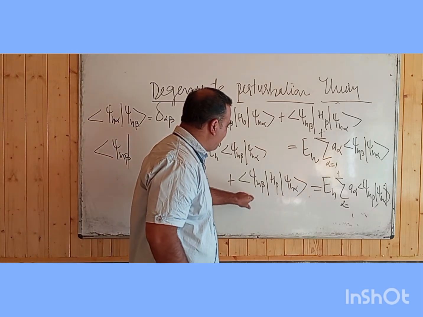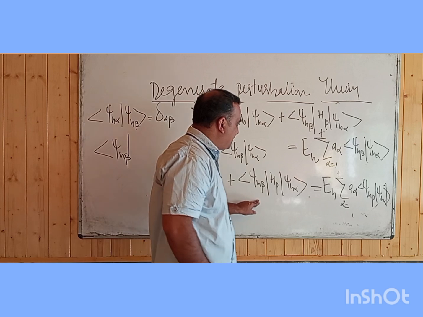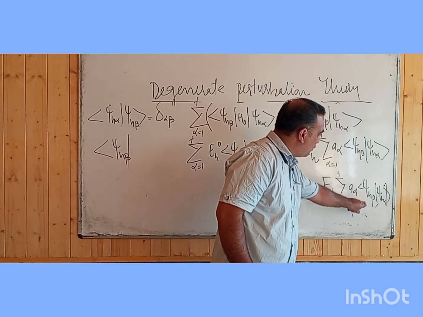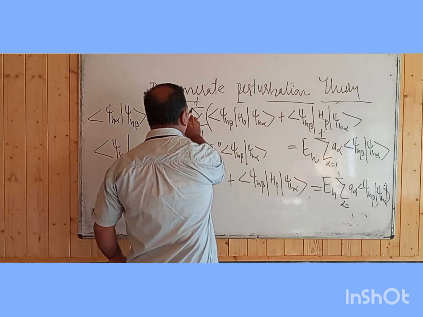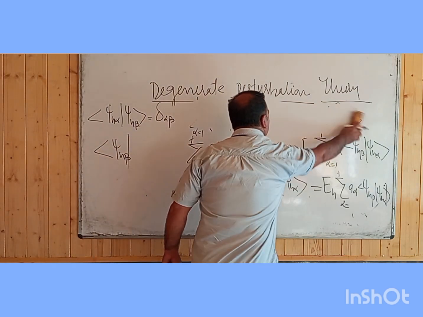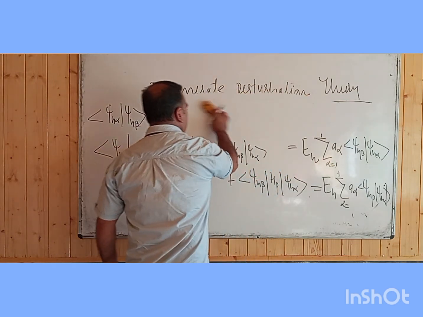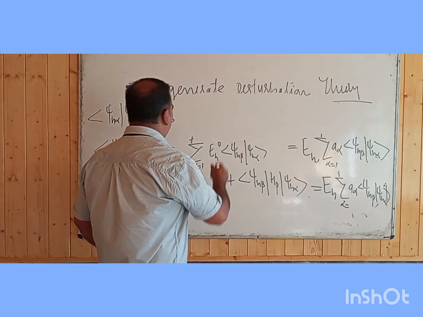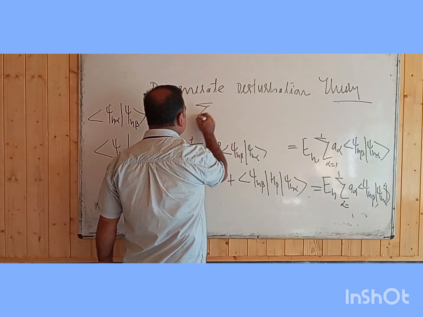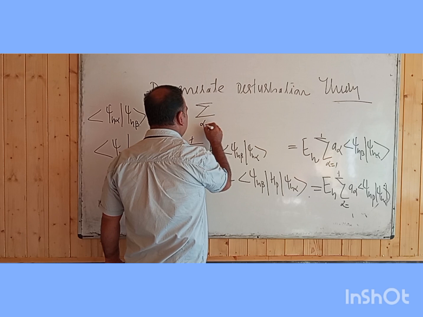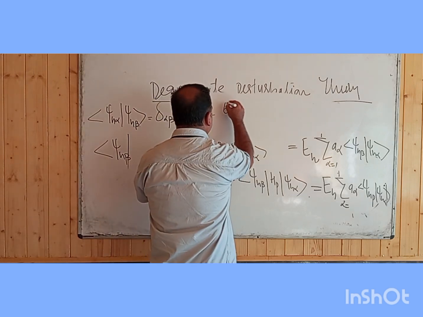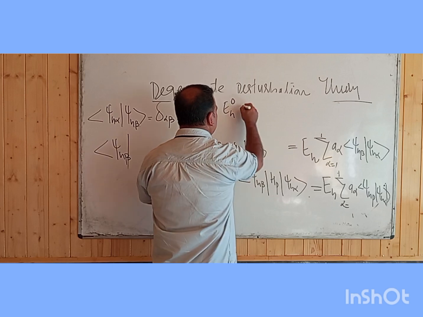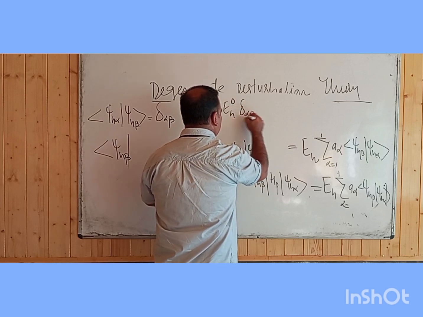This is the matrix element of the perturbation that's being introduced, and this will also be written in terms of Kronecker delta. So I can grab the upper part. So my equation will look like this: sigma alpha equals 1 to f, En naught delta alpha beta.